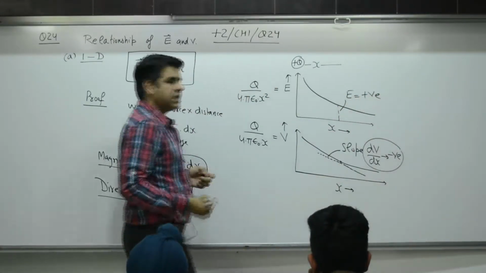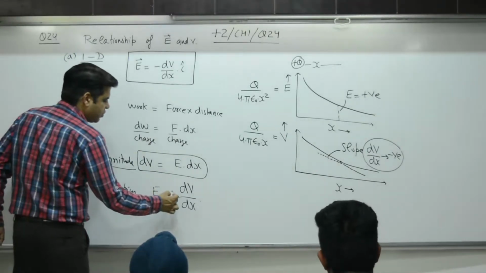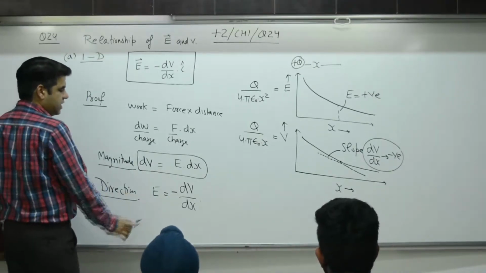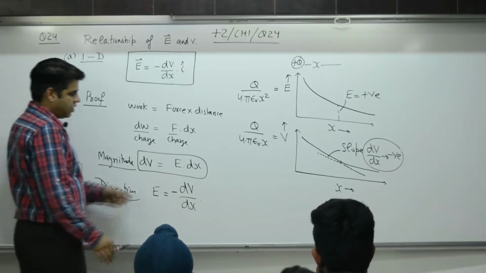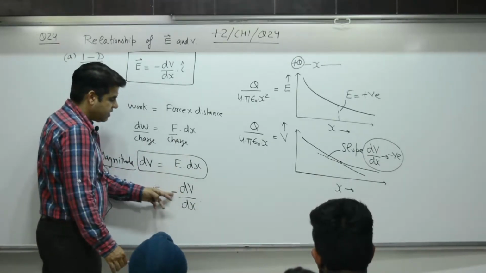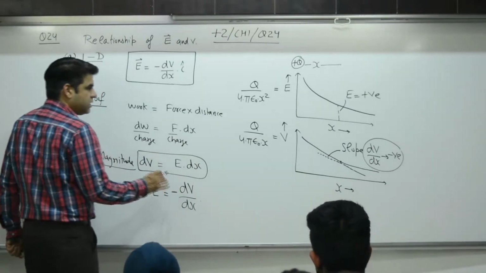In order to have the sign relationship, we write E is equal to minus dV by dx. That means the electric field is the rate of change of potential. Negative and negative gives positive, so E is positive.